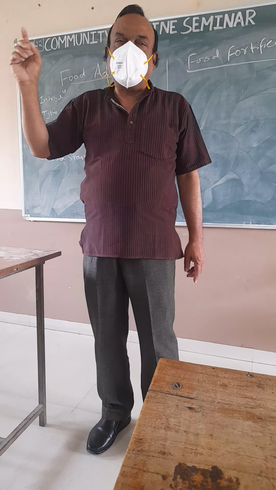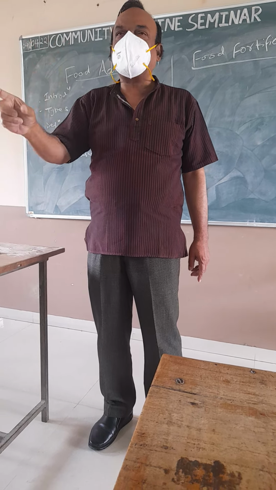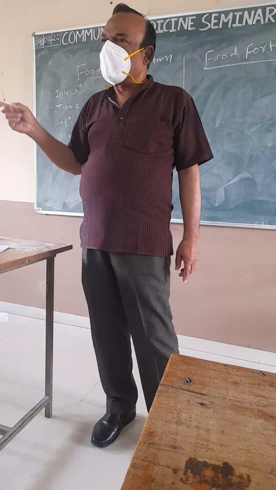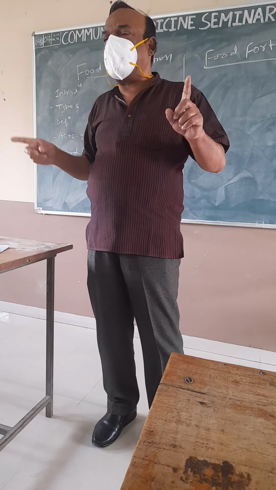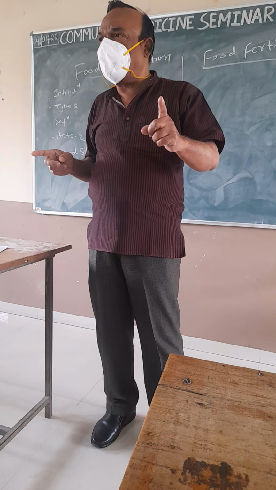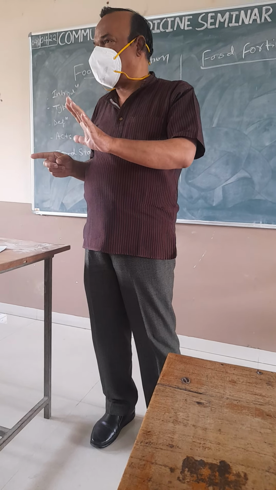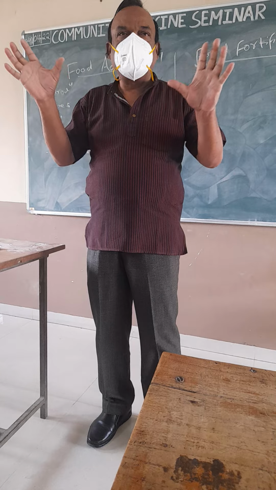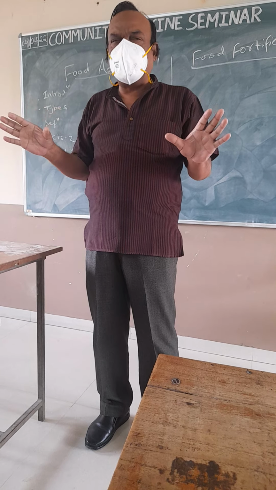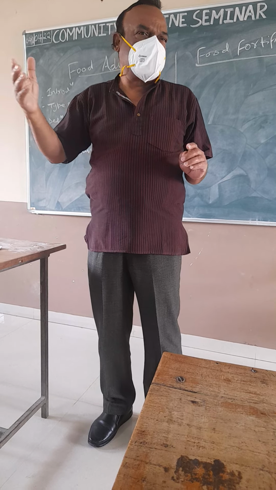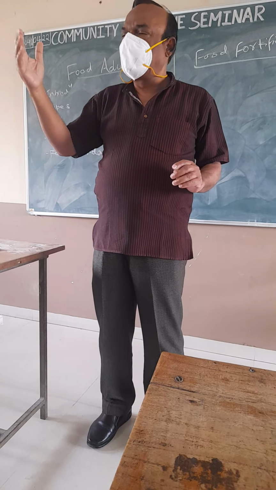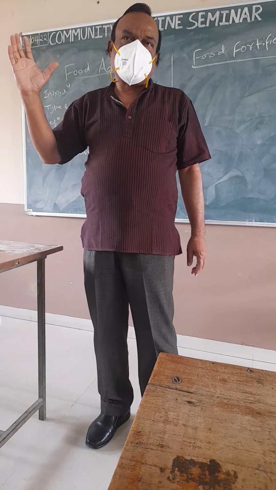They were passed by our Indian Parliament in 1954, and this law was amended in 1964, 1974 and 1986. The aim is to get better quality of food. But still, shopkeepers sell adulterated food.